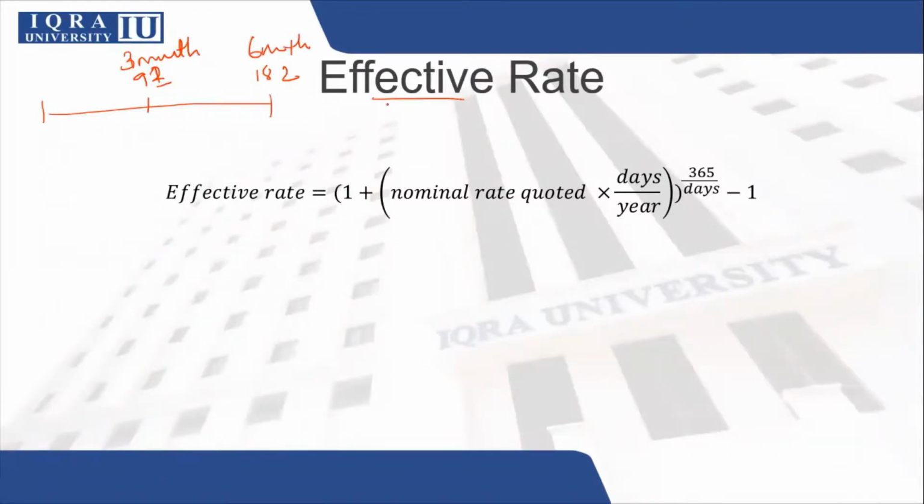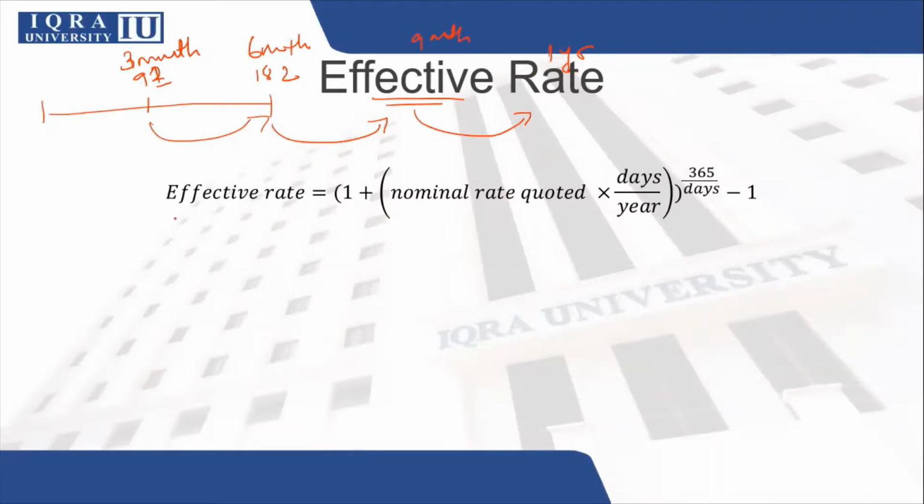Now, basically, what the effective rate assumes is that the effective yield is the interest that would be accumulated by the end of the year if the deposit were rolled over 3 times, which means that the principal and interest at the end of 3 months would all be reinvested at the 6-month rate, and the 6-month one would again be reinvested at the 9-month, and that would complete the 1-year tenure.